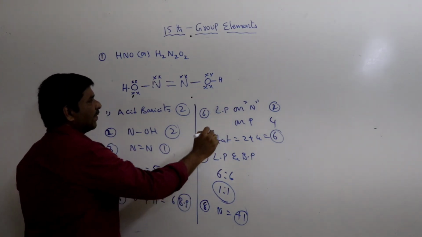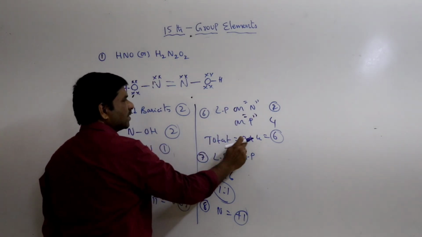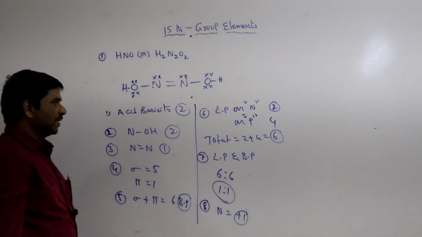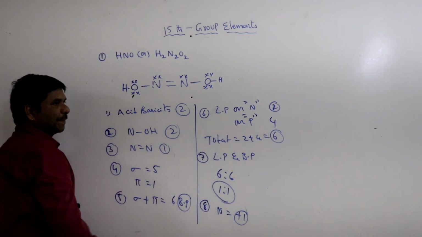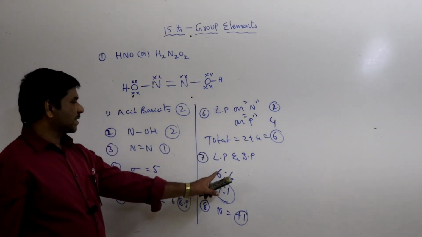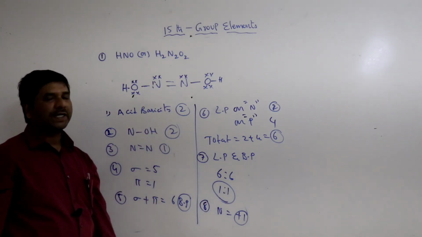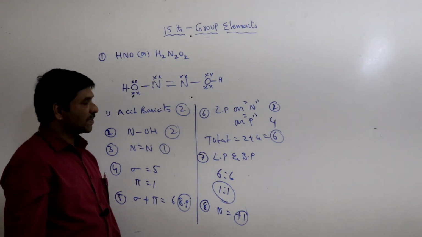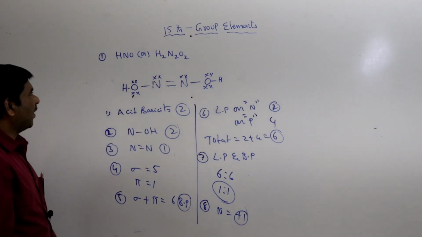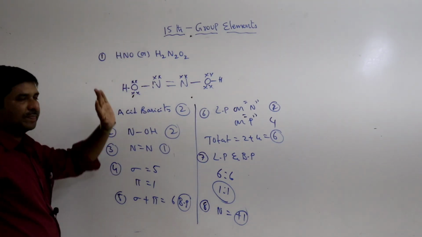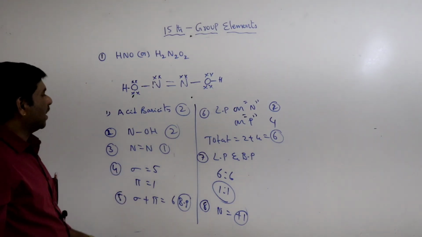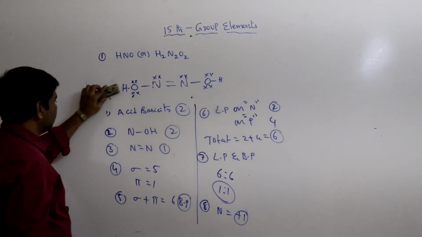So total number of lone pairs is nitrogen 2, oxygen 4, total is 6. And the lone pair to bond pair ratio is 6:6, 1:1. So on nitrogen, its possible oxidation number is +1. That is about hyponitrous acid.